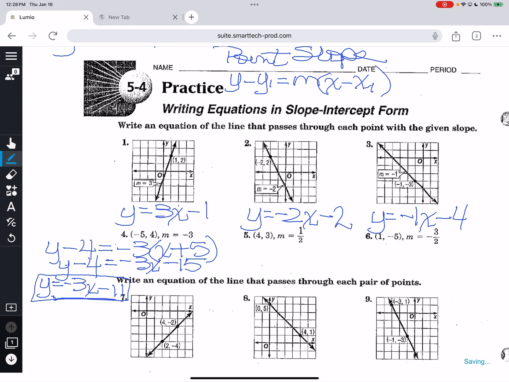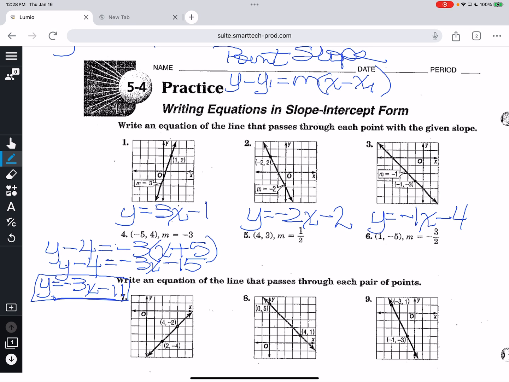So if we were to graph this, we would go all the way down to negative 11 on the y-axis, and we would come down 3, to the left 1, down 3, to the left 1. All right? So, number 5. Our ordered pair is 4, 3. Our slope is 1/2.